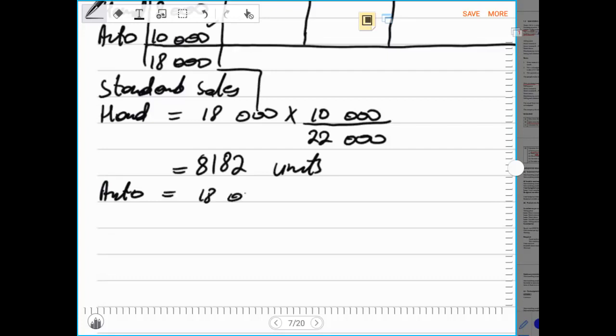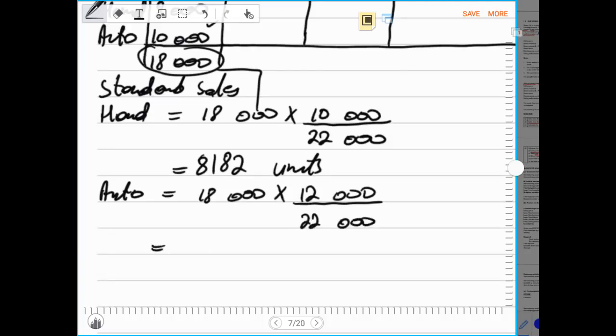Then for the auto washing powder, it would still be the actual units that were sold in total, which is the 18,000 units that were sold. Then we times by the budgeted units to be sold for the second product, which is auto, and we divide that by the total budgeted units to be sold.